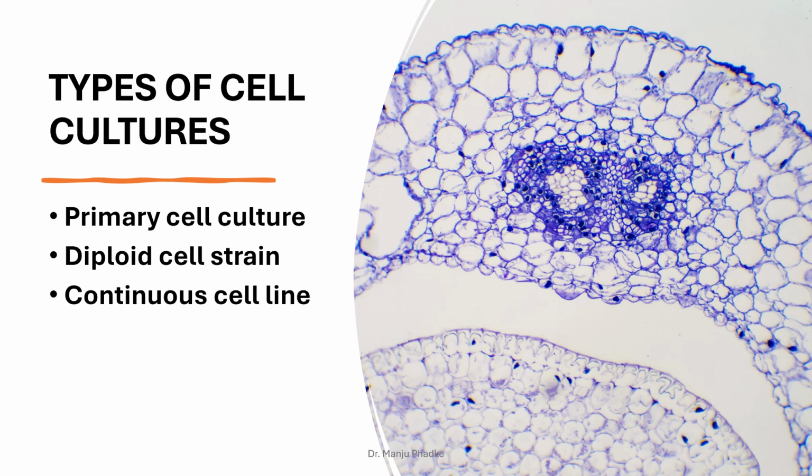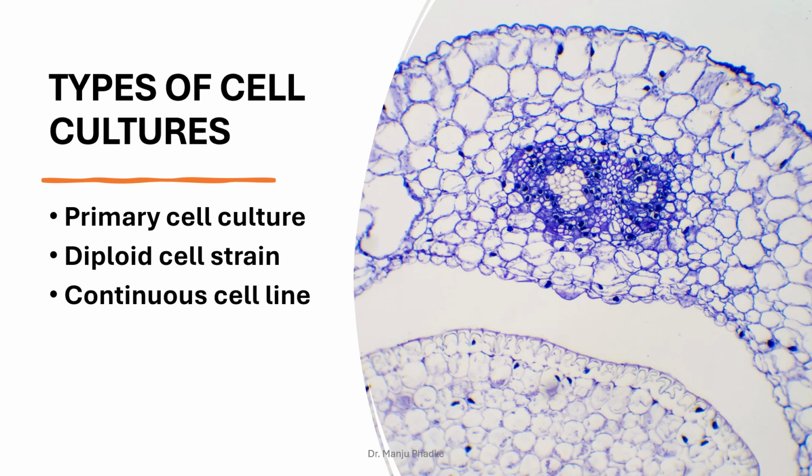So example of a primary cell culture is the monkey kidney cell line, human embryonic kidney, and these are used for isolation of viruses for the production of vaccines. They can be passaged or subcultured only for a limited number of passages.